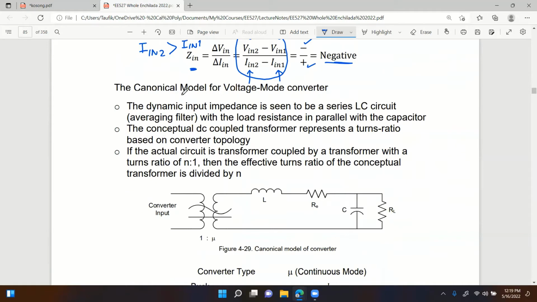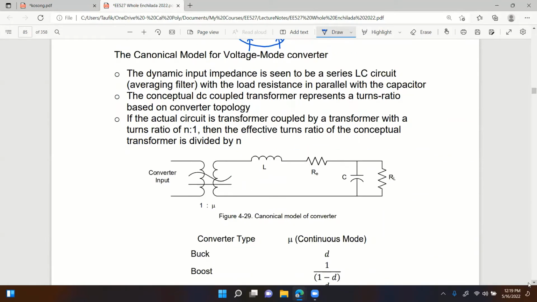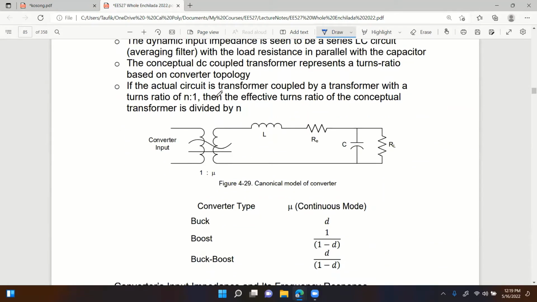Okay, let's look at the modeling of the input impedance, right? You could model the input impedance of a power supply in general to be this type, or it can be represented by this circuit right here, where you have a transformer to model the duty cycle of the input to the output.